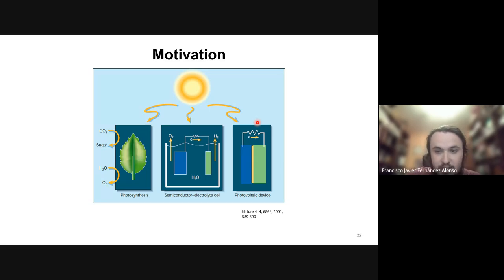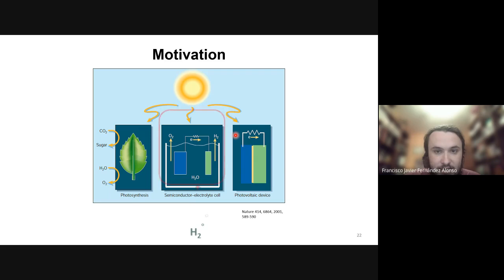So PEC cells are an alternative to photovoltaic devices, in which, again, when we illuminate, we create a photocurrent, and we can produce chemical energy in the form of hydrogen molecules that can be stored and used when necessary.